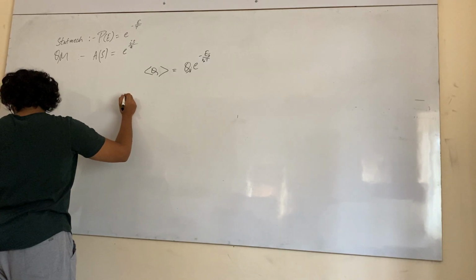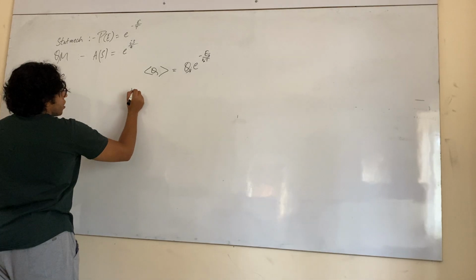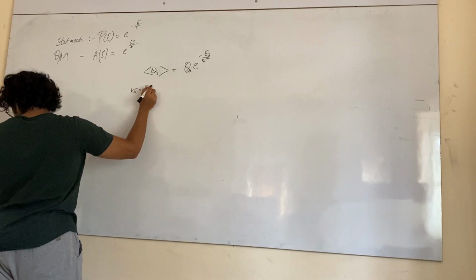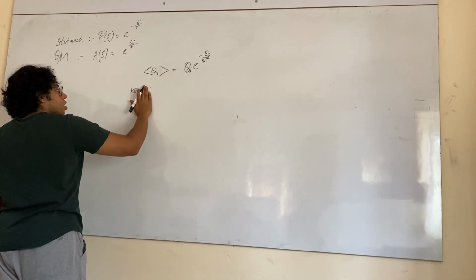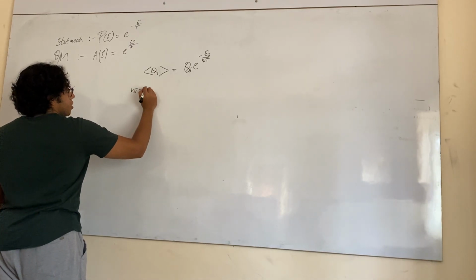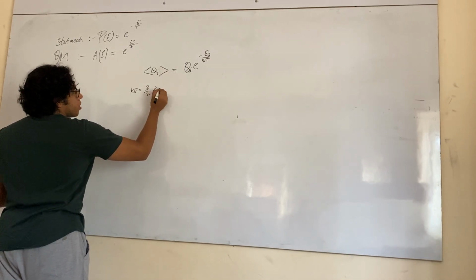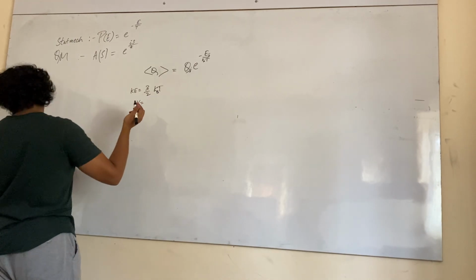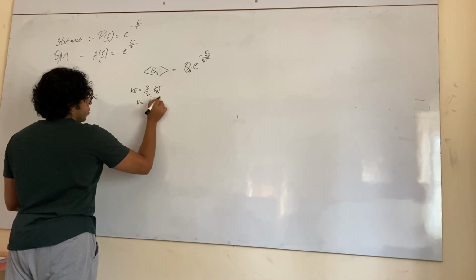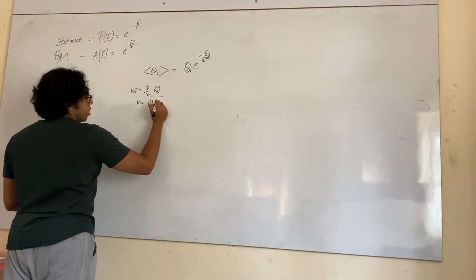In kinetic theory, how do you represent the temperature of a gas? You have the kinetic energy KE equal to 3 by 2 kB T, and then the velocity of a particle is given by the root of 3 kB T by m.